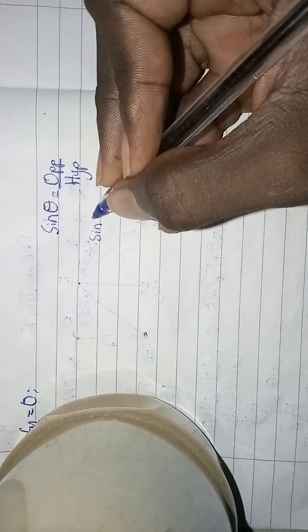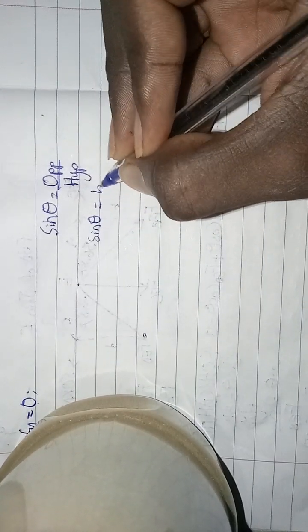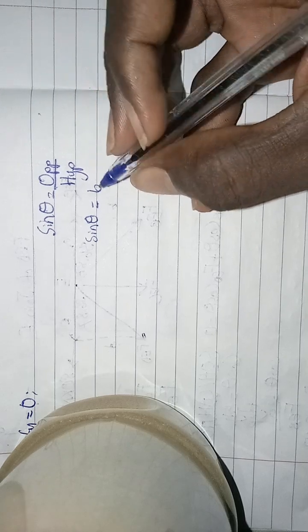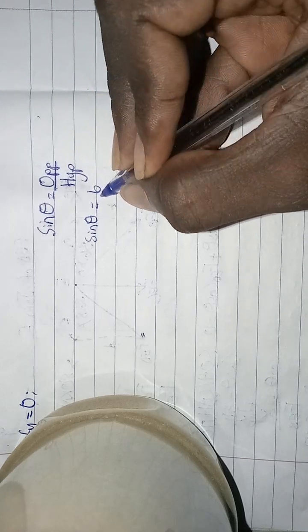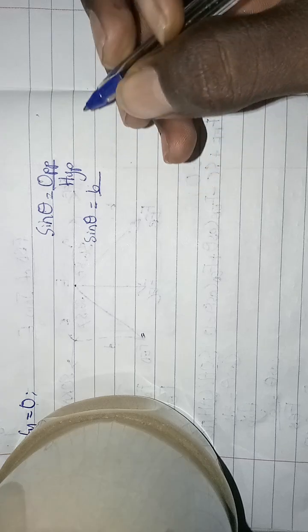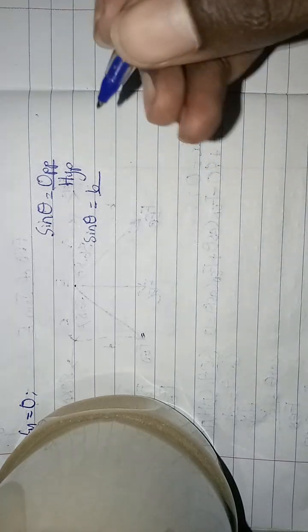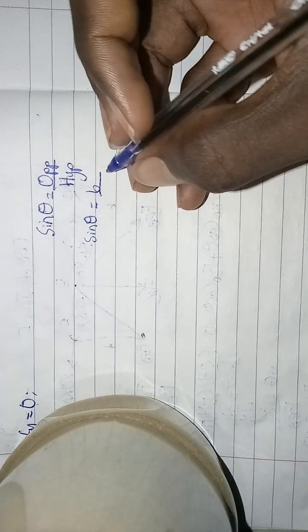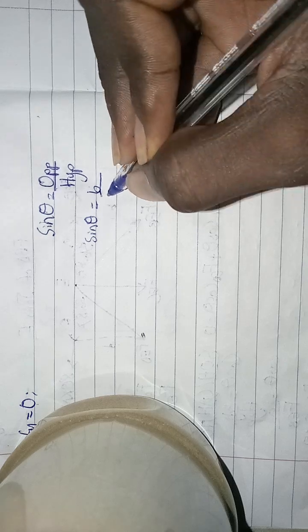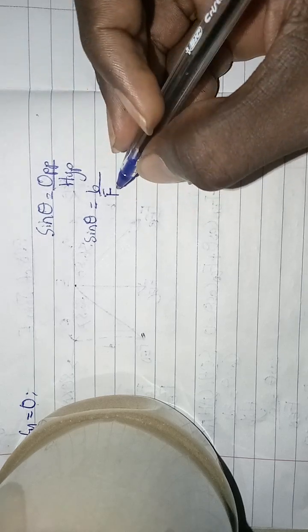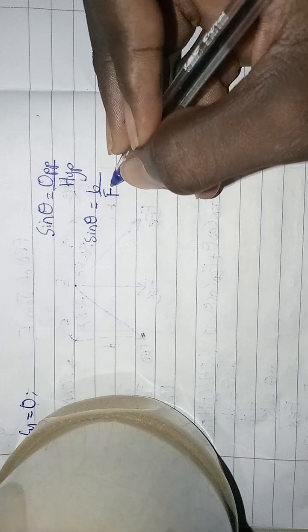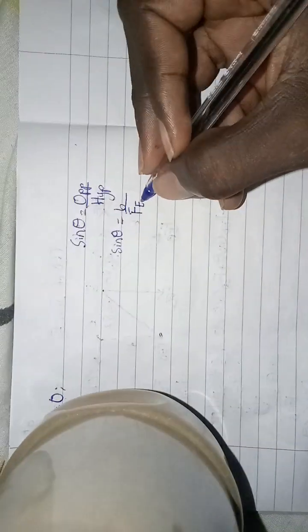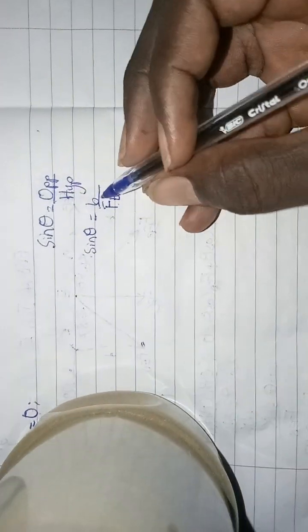Sine theta, opposite is B, and its hypotenuse is force EB. So we make B the subject.